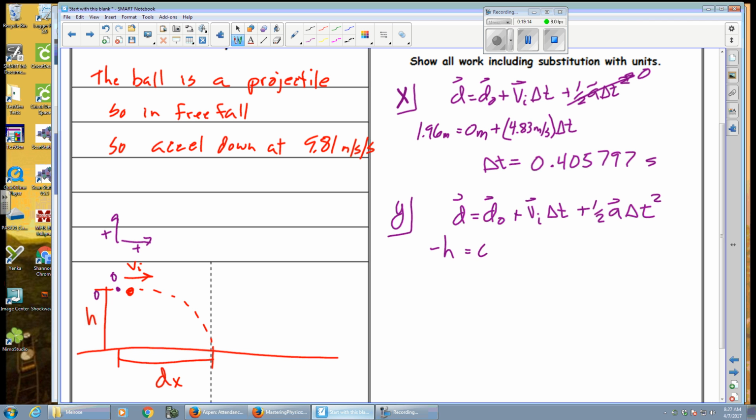I start at 0 plus my initial velocity in the y direction. Oh, that's 0, so that whole term goes away. Plus one half, I'm in free fall, so negative 9.81 meters per second every second, for 0.4057 seconds squared, and I get that h equals... yay.